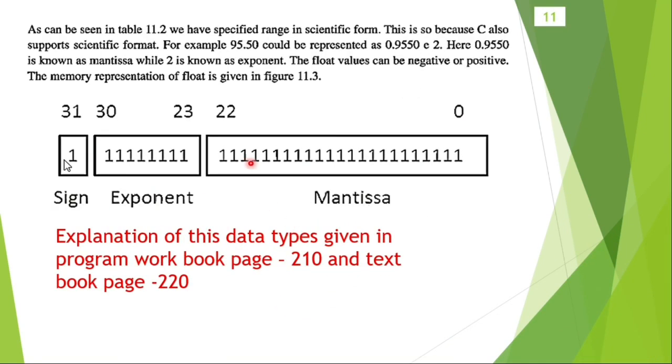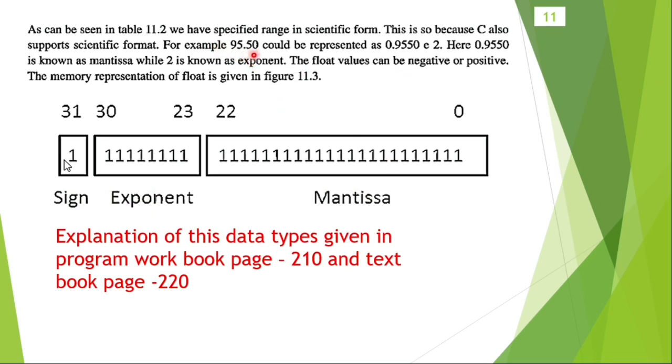Now I already explained this in one lesson in ninth standard. This explanation you can also find in workbook page number 210 and textbook page number 220. So this is the sign, whether your number is positive or negative. Here is the exponent, and here is the mantissa. This is allocated 4 bytes, 32 to 23 is the exponent, and 0 to 22 is the mantissa, which is 23 bits.